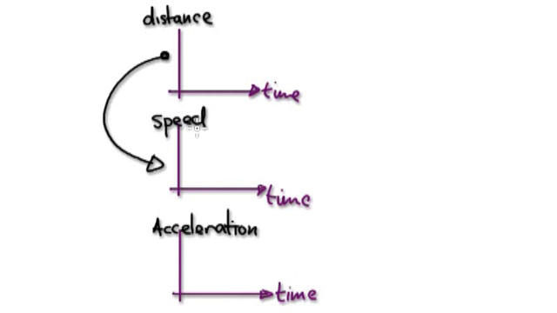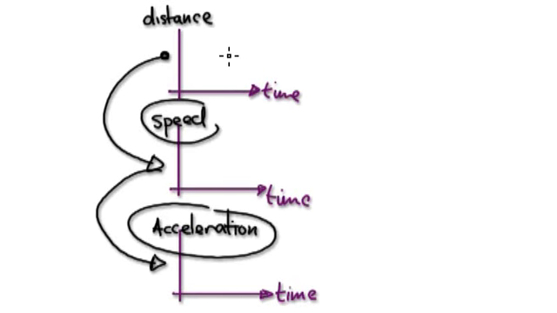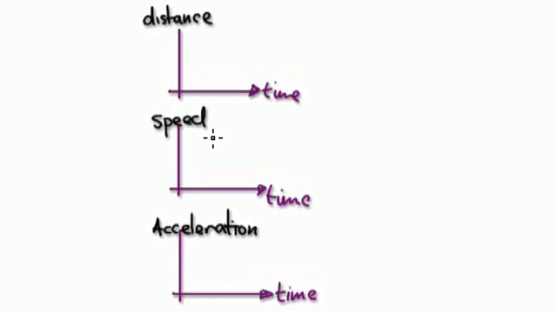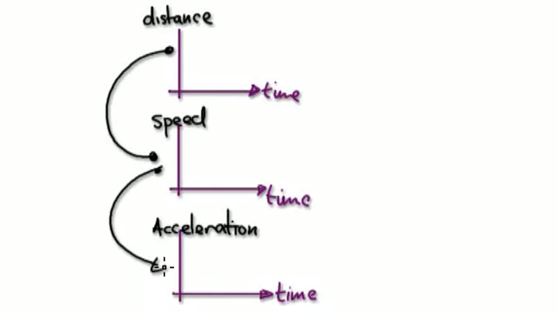Now when you're given the speed time graph, the gradient represents the acceleration. So there's a relationship between acceleration, speed, and time. I will give you another example in the next video. It will clarify things. Distance time graph, the gradient represents the speed. Given a speed time graph, the gradient represents the acceleration.